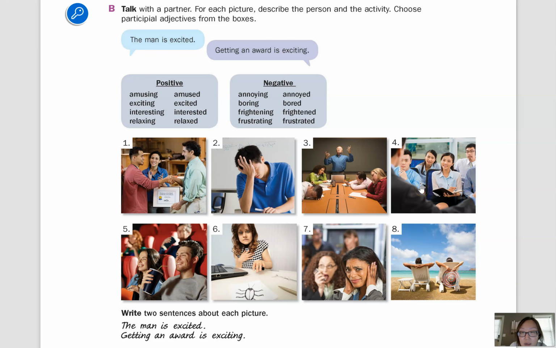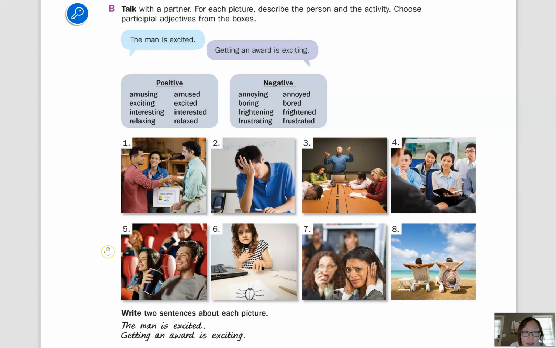Or we can also say the class is interesting. And of course, you can use all kinds of words like the seminar, like I mentioned, the class, the lecture. Okay, and then we can say the people or the students are interested.